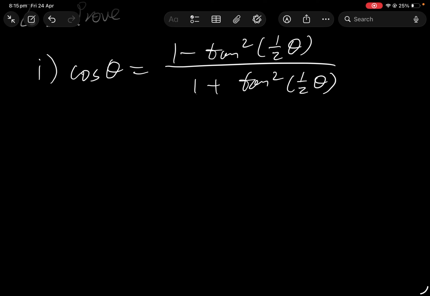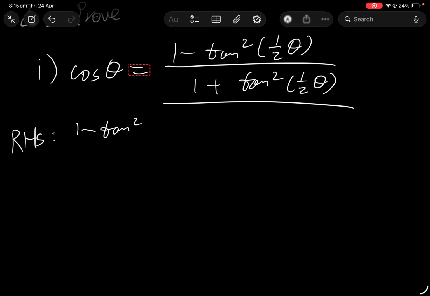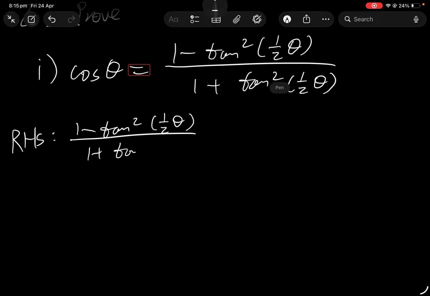So we should start on the right hand side. The right hand side is 1 take tan squared half theta over 1 plus tan squared half theta.